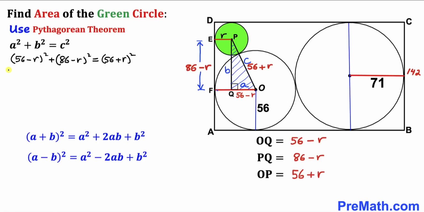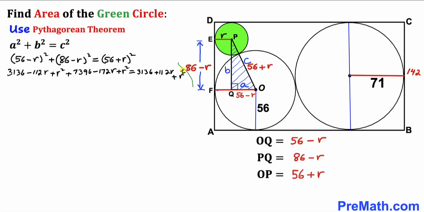So we're going to have 3136 minus 112 r plus r square, plus 7396 minus 172 r plus r square, equal to 3136 plus 112 r plus r square.